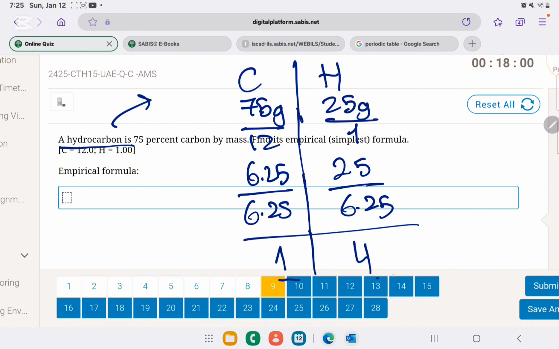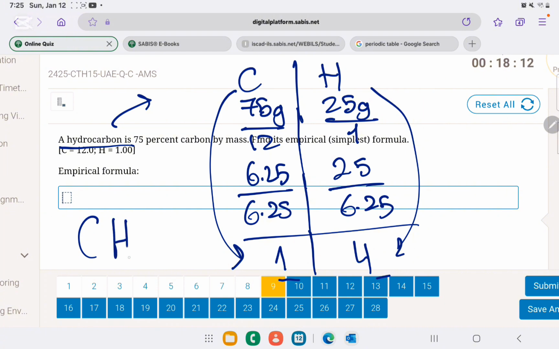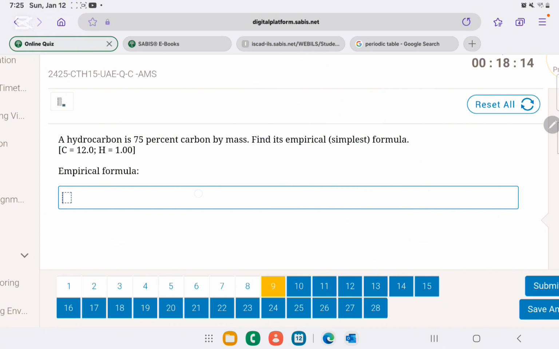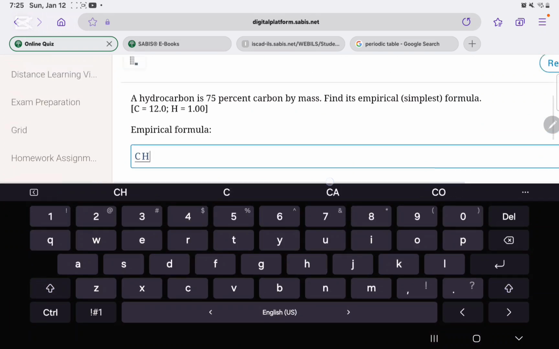The numbers mean the number of each element in the empirical formula. We have one C, so we don't need to write the 1, and H4. So CH4.